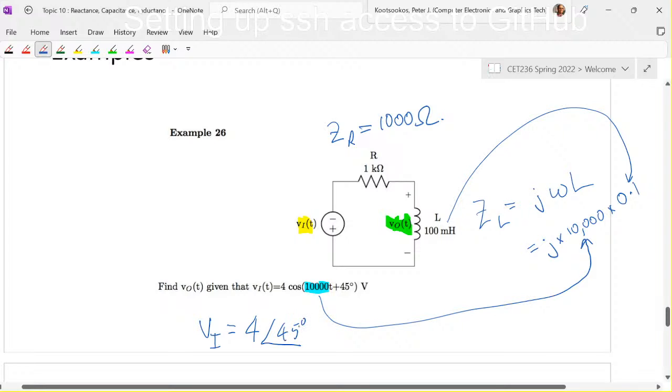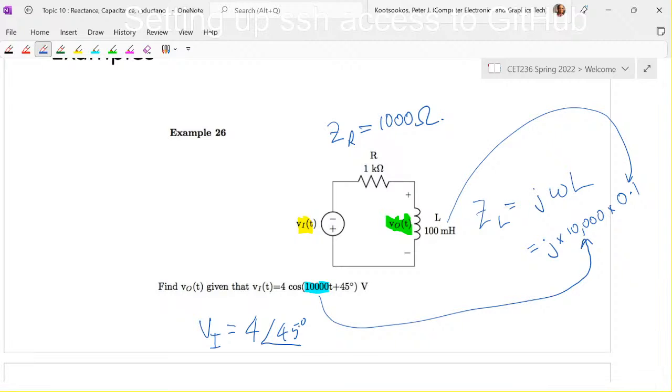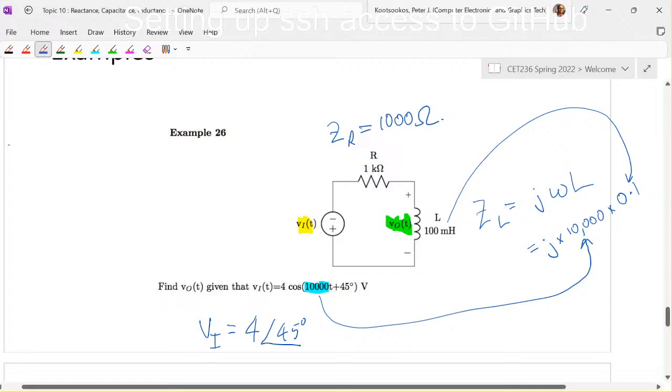We can write it in polar form. So let's do what Sonia Lee said, and we're going to find our equivalent impedance.